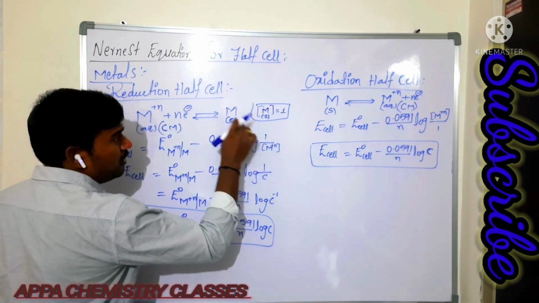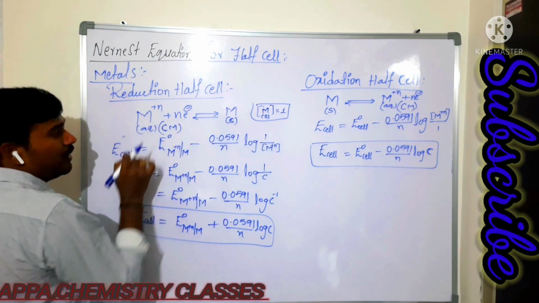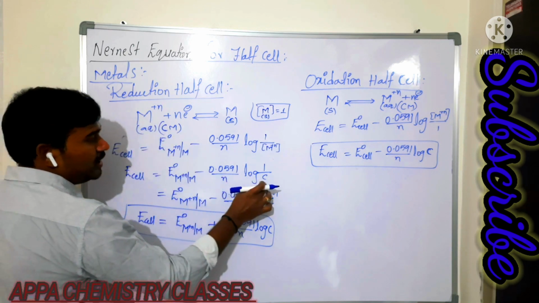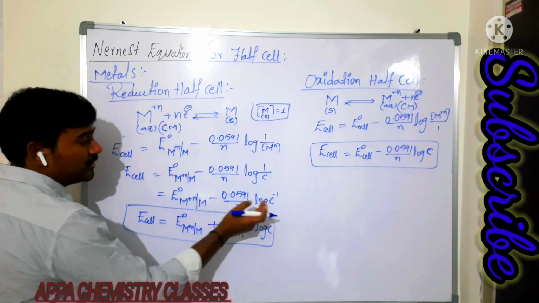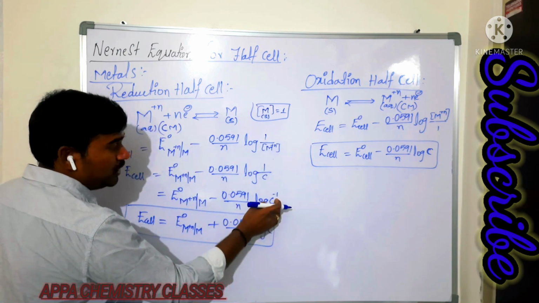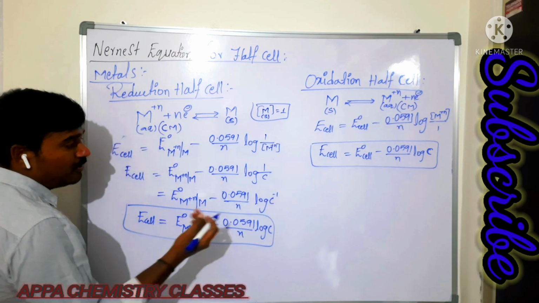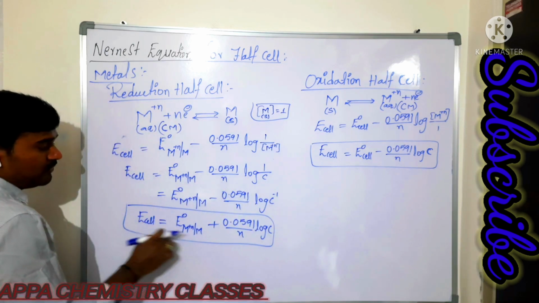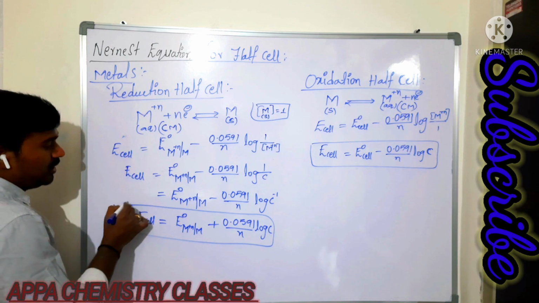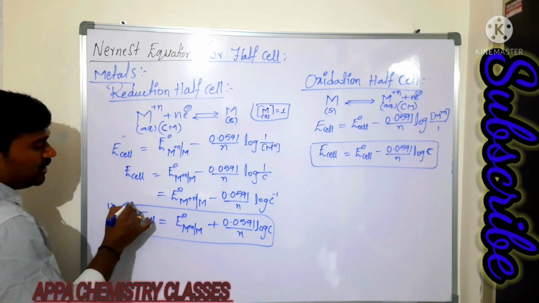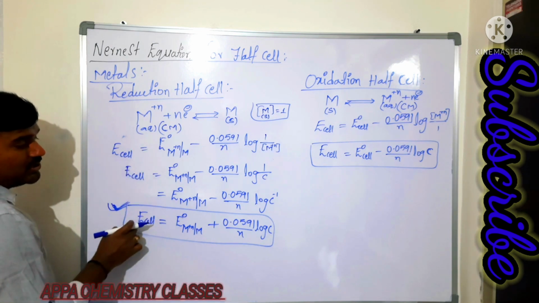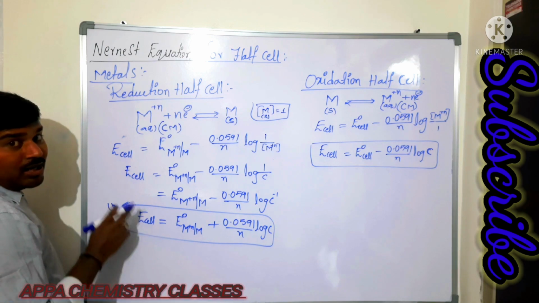So it becomes log of 1 by concentration of Mⁿ⁺, whose concentration is C. That C in the denominator goes to the numerator and becomes C to the power minus 1. That minus 1 comes in front and we get this equation. So this is the Nernst equation for a reduction half cell.